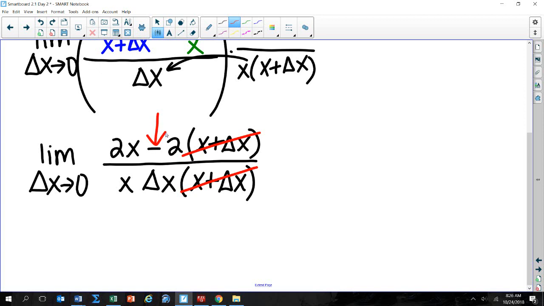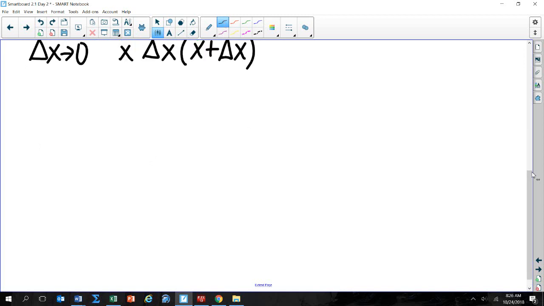Okay, so don't cancel right now. Put like a big star next to that part and put don't cancel. Because I see that mistake all the time where people will just start canceling stuff. No, you have to multiply out the numerator first and combine like terms. Always multiply out the numerator and combine like terms before any cancellation.